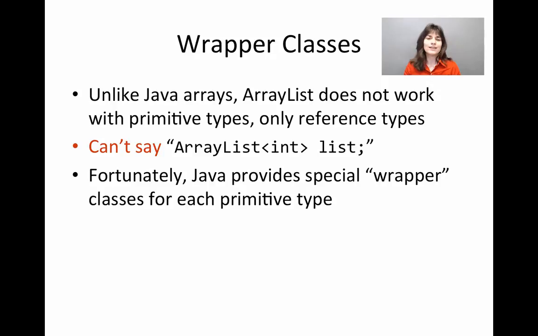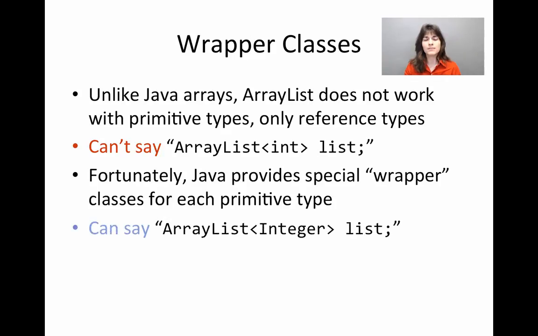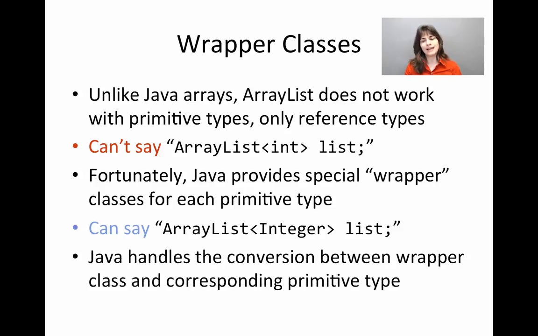However, we can use the wrapper classes in order to indirectly store primitive values, because we can say ArrayList<Integer> list, and to our good luck, Java automatically handles the conversion between a wrapper class and the corresponding primitive type. So there is a way to use array lists with primitive types. It is just an indirect way through the use of a wrapper class.